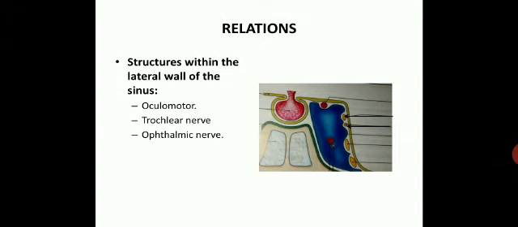Third one is the ophthalmic nerve. In the anterior part of the sinus, it divides into the lacrimal, frontal and nasociliary nerves. Then the maxillary nerve. It leaves the sinus by passing through the foramen rotundum on its way to the pterygopalatine fossa.